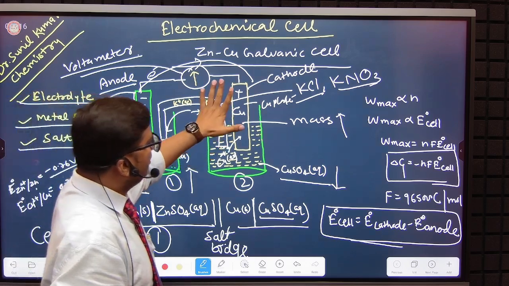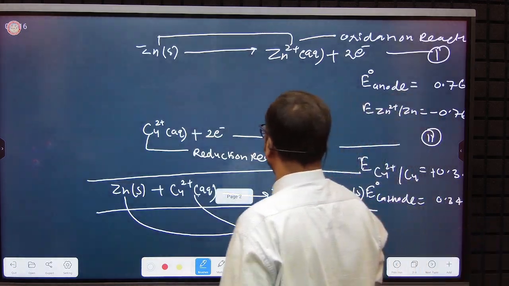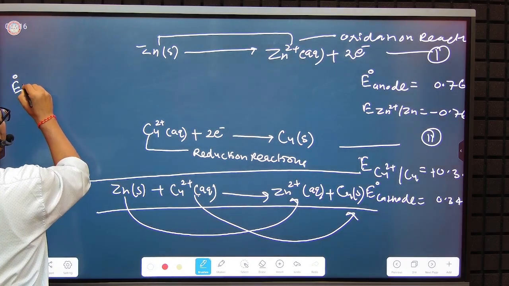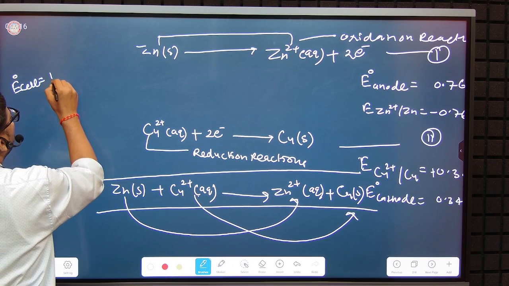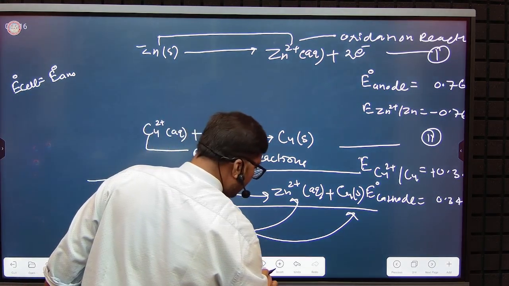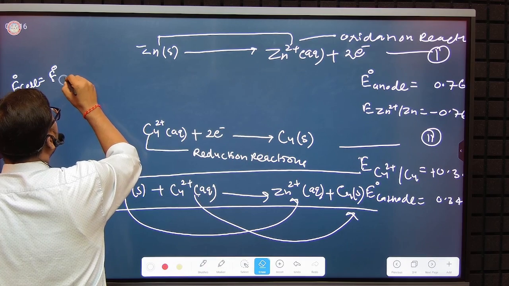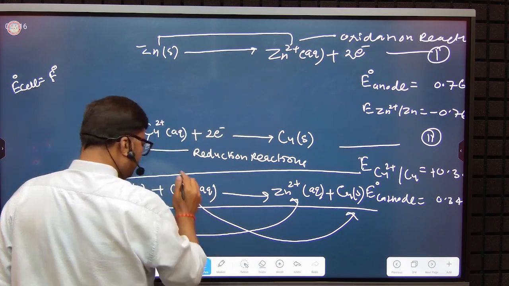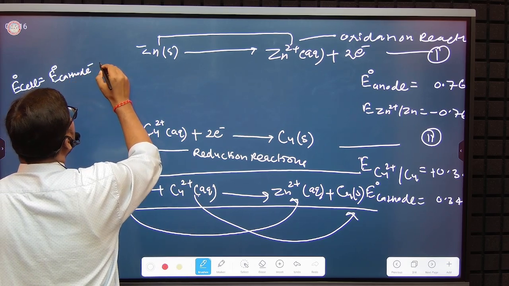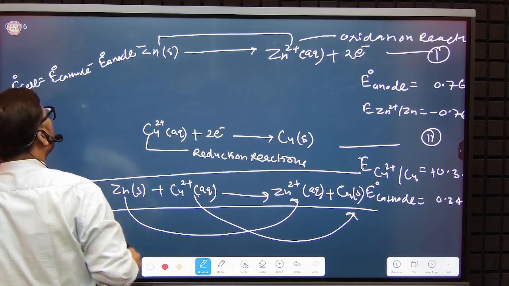The potential difference is actually E0 cell, E0 cathode minus E0 anode, right?